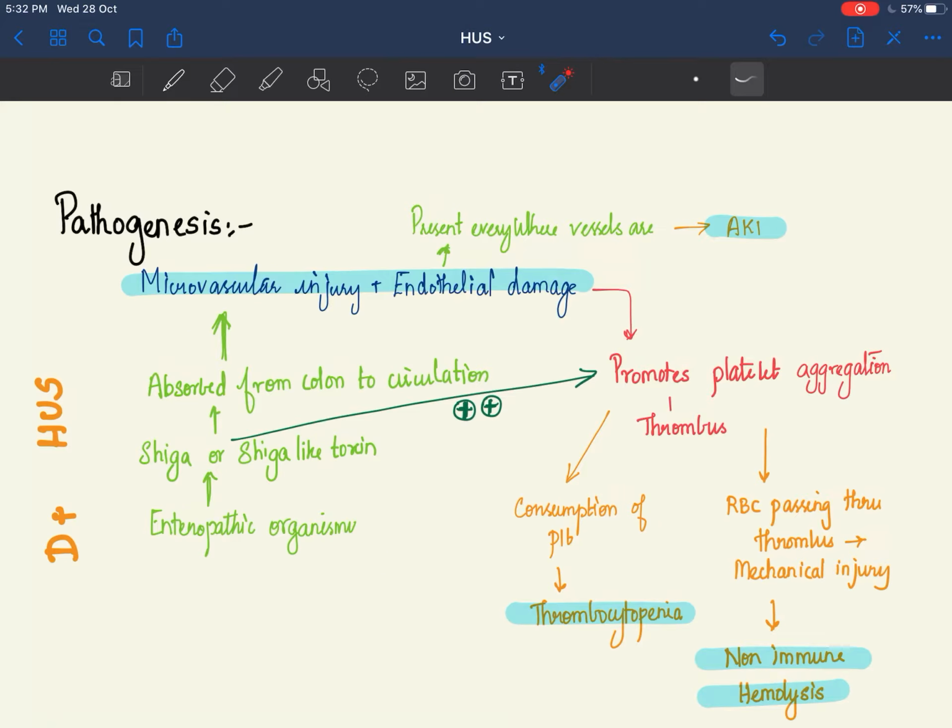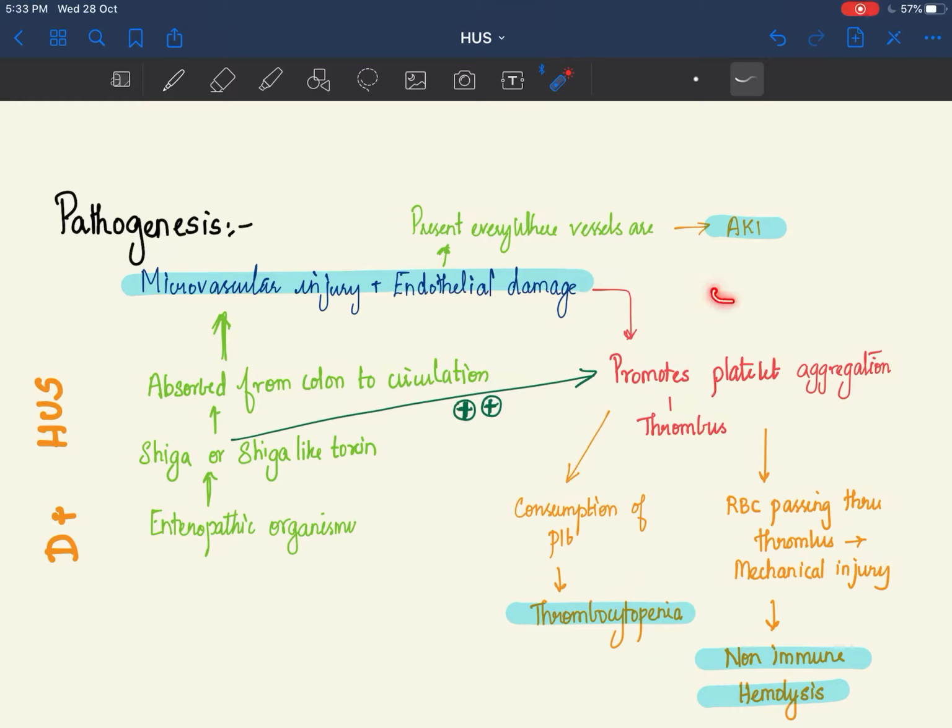Alright, you saw so many causes, but why are these causes resulting in a microangiopathic hemolytic anemia, a thrombocytopenia, or an acute kidney injury? The basis for all of them is microvascular injury with endothelial damage. See, normally what happens in an endothelial damage? This is normal endothelium, so the platelets just run on in circulation, nothing gets adhered.